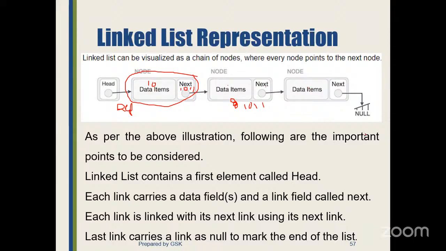And coming to the last node, in the data item we have the data, there is no doubt, but coming to the next, there is no next node. That's why it has a null reference. It doesn't give a reference to any node. That's why it is represented with null, because that is the last node. There is no other node.